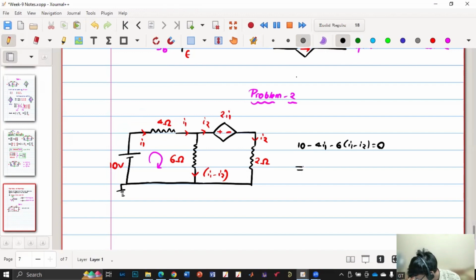If we solve that, we get 10 I1 minus 6 I2 equals 10. Dividing by 2, it will be 5 I1 minus 3 I2 equals 5.